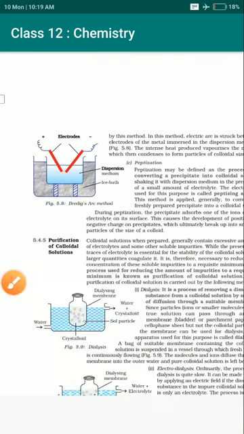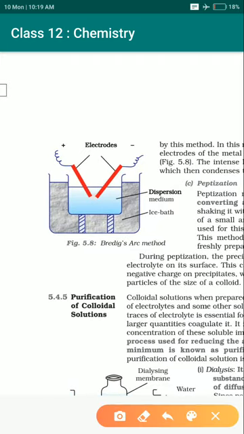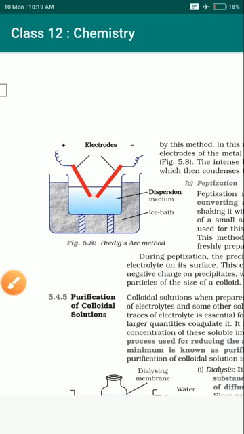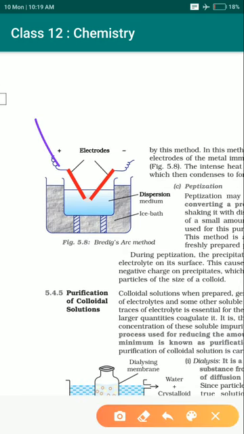How is it done? You take a solution, the dispersion medium, and you dip two electrodes of whichever metal you need to make the colloid. Suppose you want to make a gold colloid, so you dip gold electrodes in this medium and you pass current through them.